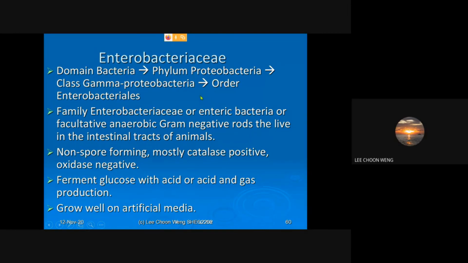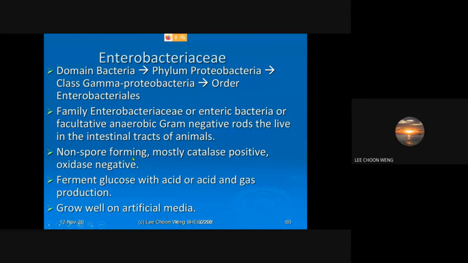Enterobacteriaceae is under the order Enterobacteriales. Again, it's an enteric bacteria, meaning it lives in the intestinal tracts of animals. It's mostly facultative anaerobic gram-negative rods. It's non-spore forming, catalase positive, oxidase negative.